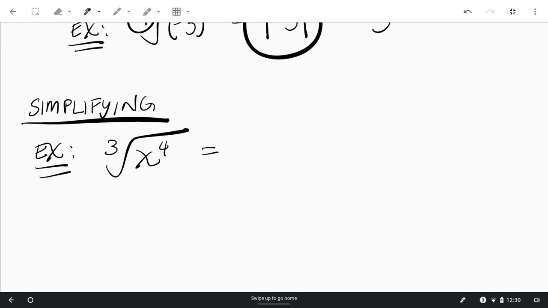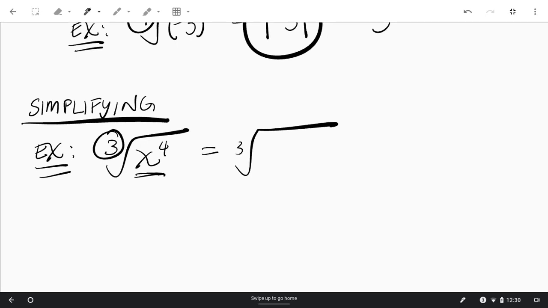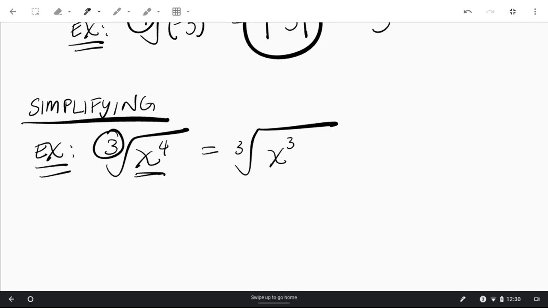One way to approach this kind of problem is by taking this here and trying to write it with sets of exponents of 3, since the root that we're dealing with is a cube root. That means that this x to the fourth can be rewritten as x to the third and x to the first.